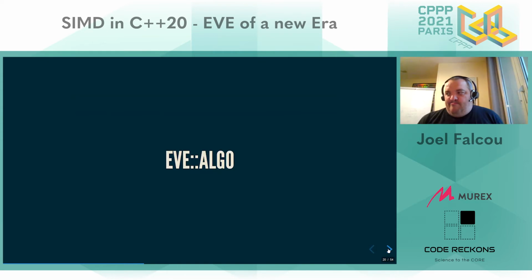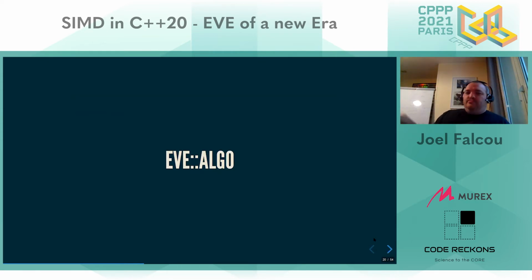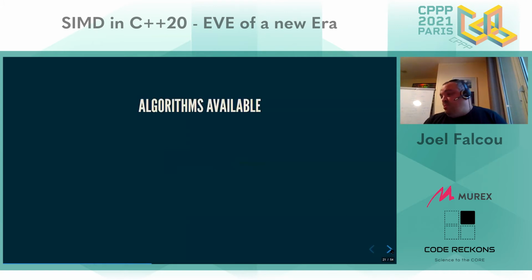Okay, but I lured you in with algorithms. So what kind of algorithms do we do? SIMD algorithms in EVE are one of the things that set us apart from other such libraries. We will be discussing that separately, both in terms of support and implementation. In terms of support, we have quite a bunch of algorithms available right now. We have all the basic predicates.